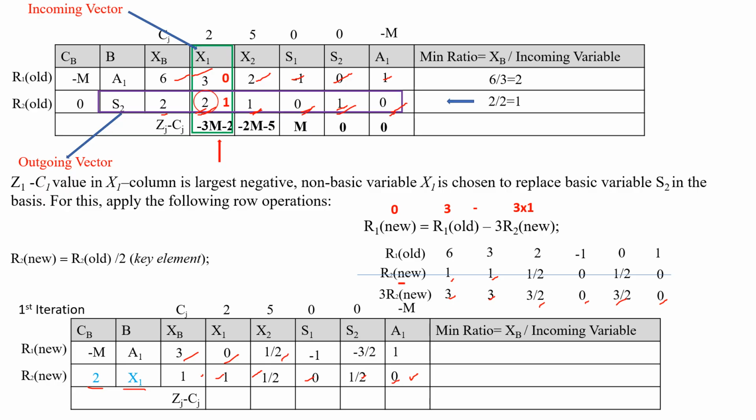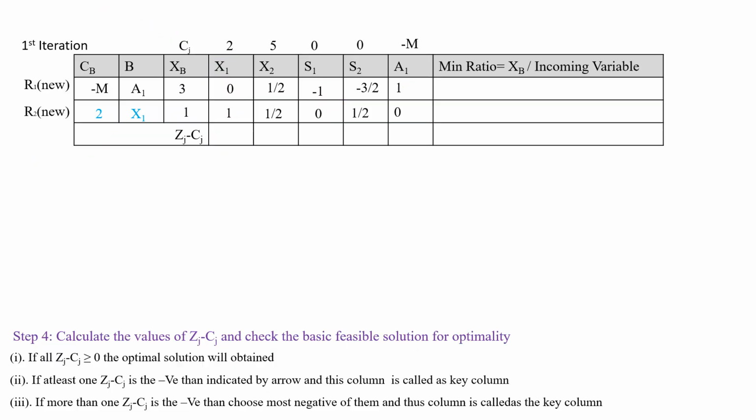Next, minus 1 minus 0 is minus 1. 0 minus 3 by 2 is minus 3 by 2. 1 minus 0 is 1. So enter these values in the new simplex table. So now this is the new simplex table.